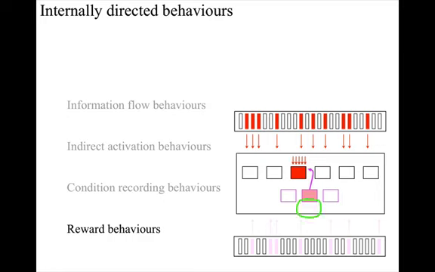Now there's a problem here. How does the system know the appropriate circumstances in which to apply a reward? And furthermore, under what circumstances should the recommendation strengths in favour of reward behaviours be changed? In other words, when do you reward a reward behaviour?